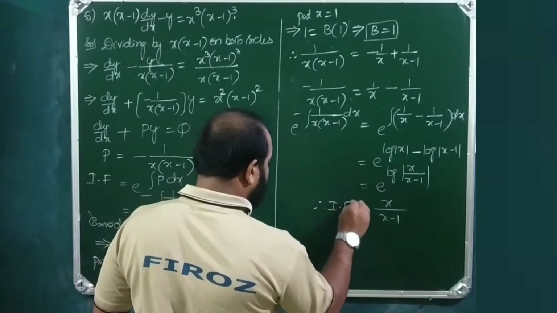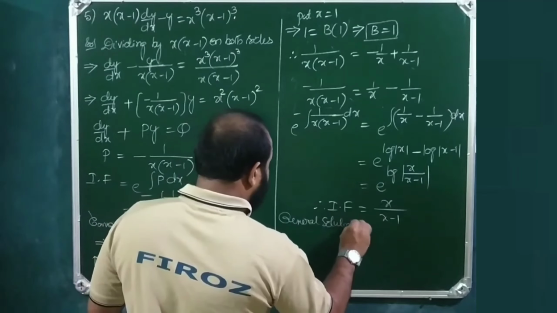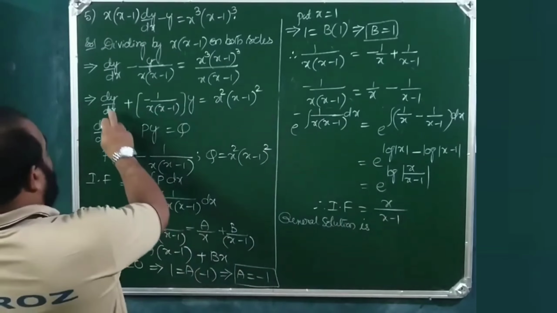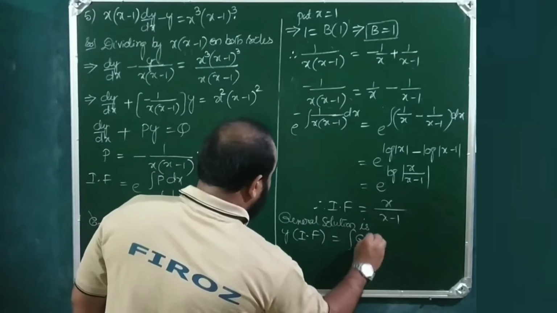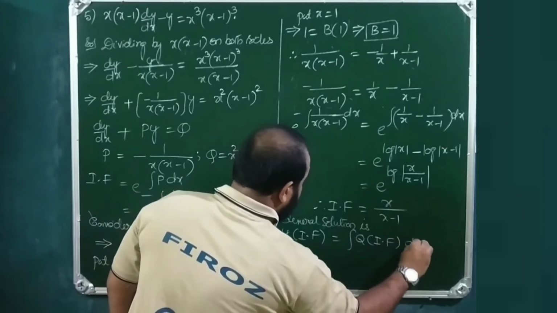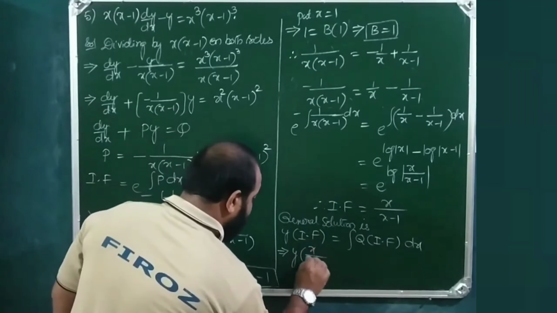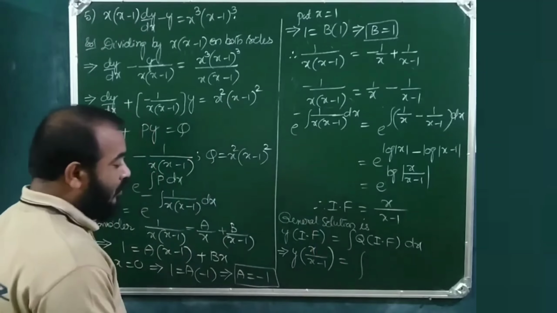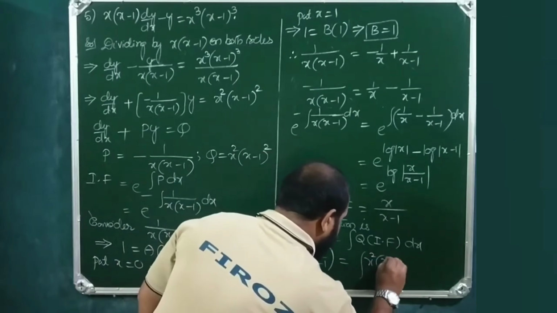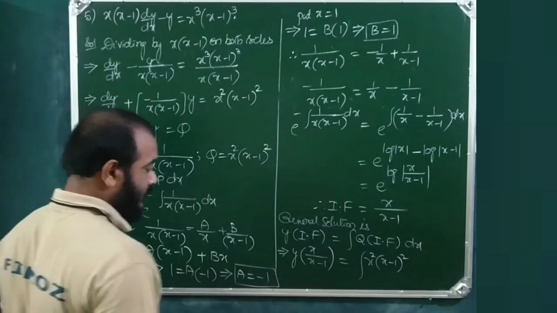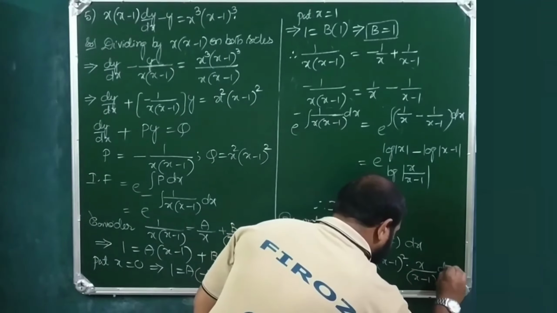Now this is our integral factor. Now the general solution is y into integral factor is equal to integral q into integral factor into dx. So y into integral factor is x by x minus 1 equals q, which is x square into x minus 1 whole square, into integral factor x by x minus 1 dx.